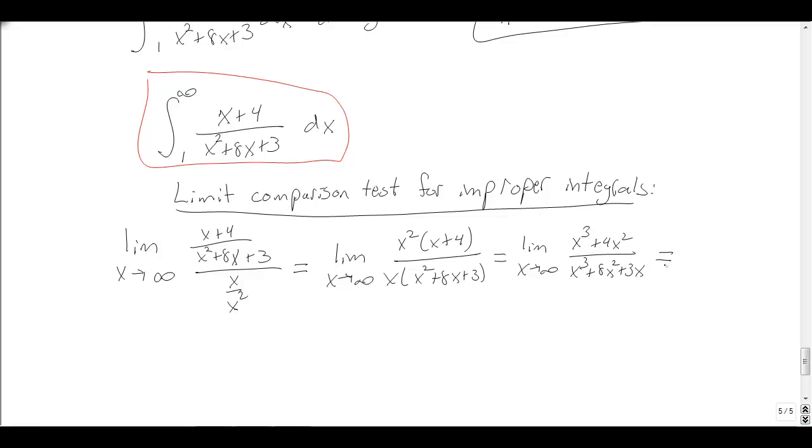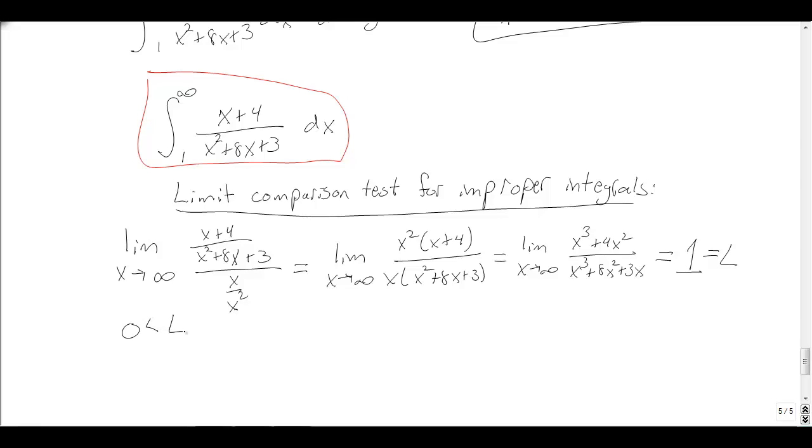And then you could use L'Hopital's rule or divide the top and bottom by x cubed, or just knowledge of rational functions here. And know as x goes to infinity, I've got degrees the same top and bottom. This is going to go to 1. So this is my limit L.